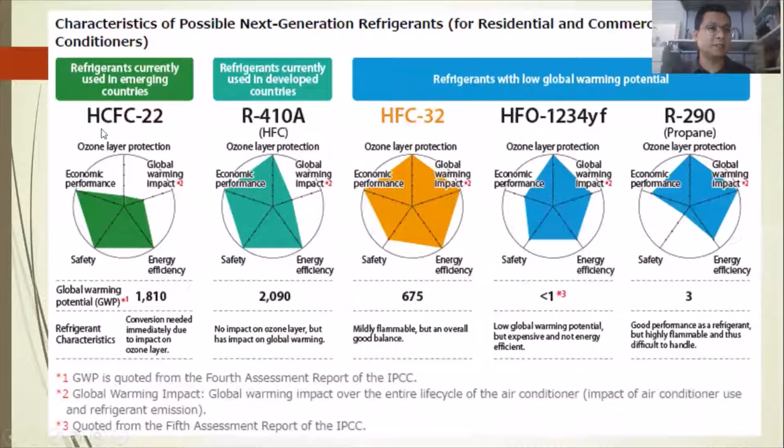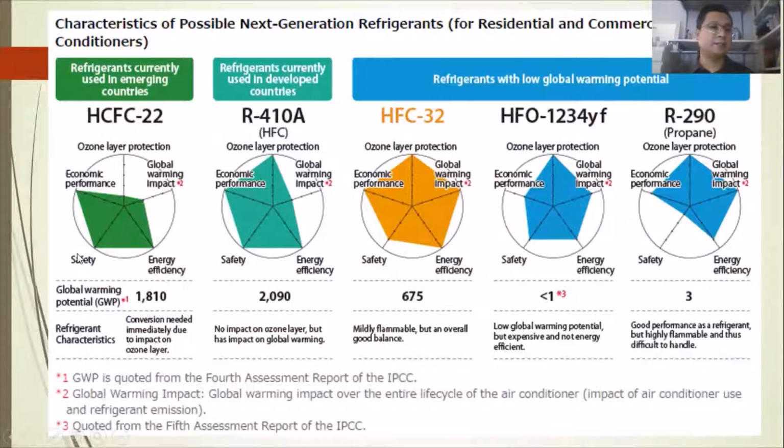Okay, we go to the refrigerants currently used in emerging countries: HCFC 22, then R410A, then HFC 32, and so on until refrigerant R290. These are already used in commercial refrigeration systems.